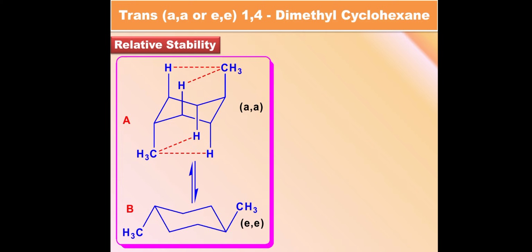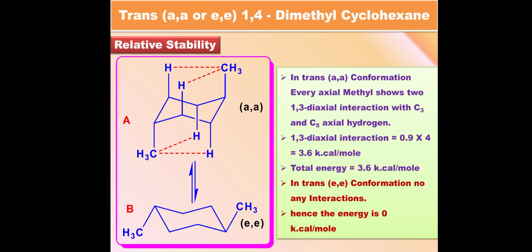In the case of trans diaxial or diequatorial 1,4-dimethylcyclohexane, the diaxial conformation has two methyl groups at axial positions, so there are a total of four 1,3-diaxial interactions corresponding to the 2 axial methyls, and therefore the energy goes to 3.6 kilocalorie per mole.